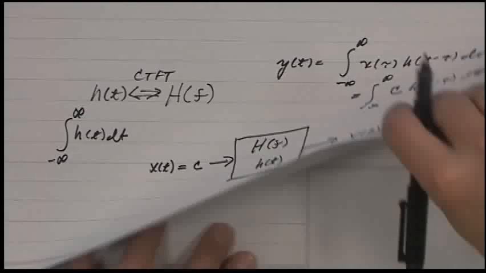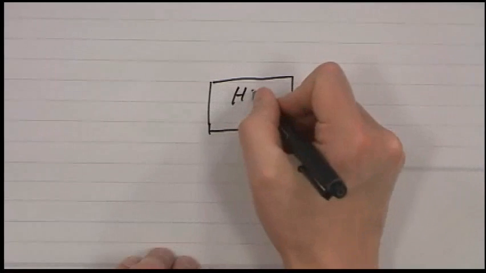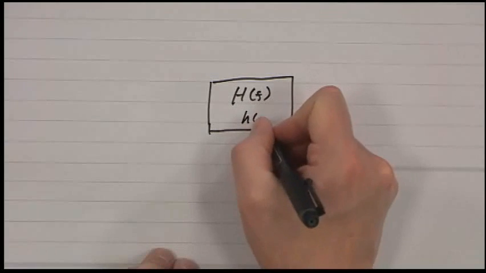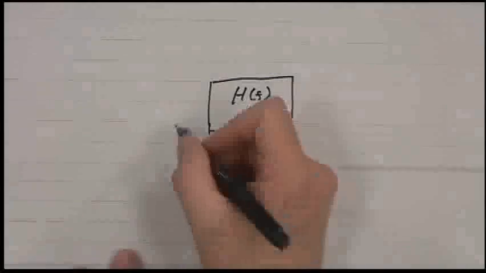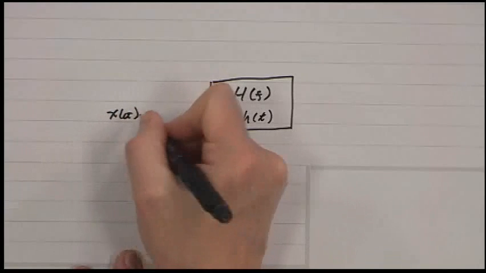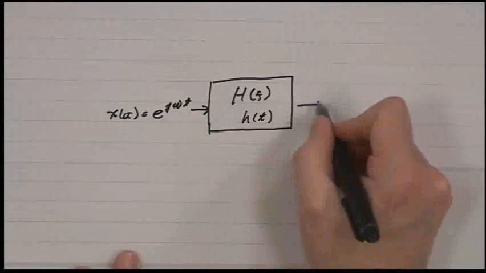Let me back up a little bit. This is a linear time invariant system, and it has frequency response H of f and a time response of h of t, okay? And I put a signal in it which is x of t equals e to the j omega t. What's the output?